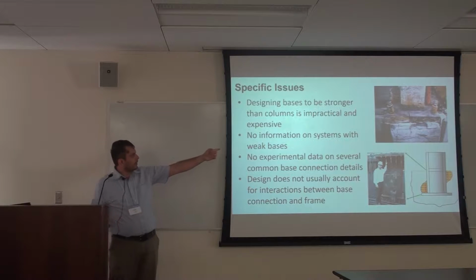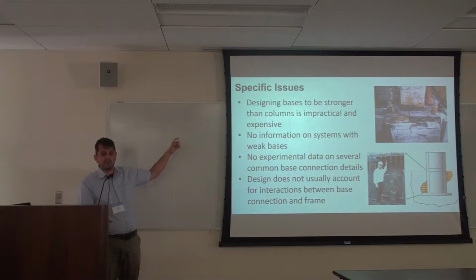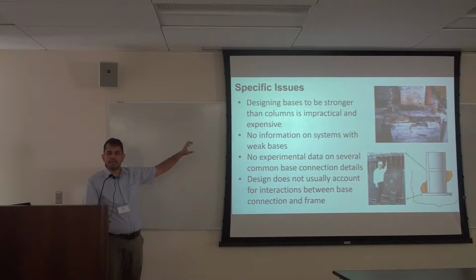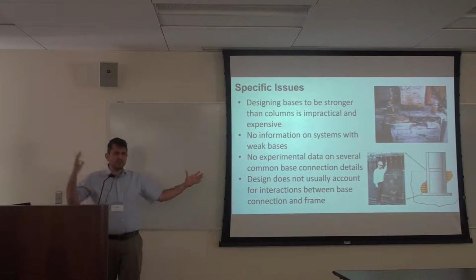What I'm showing on the top right is a failure from the Olive View library in 1994 in Northridge. There was, I think, a 4 or 5 inch thick base plate which just fractured, and somebody had to put that gigantic base plate there just because you have to develop that much moment capacity. Sometimes when that becomes completely unreasonable, what people will do is embed the column into the footing to try to get more resistance.